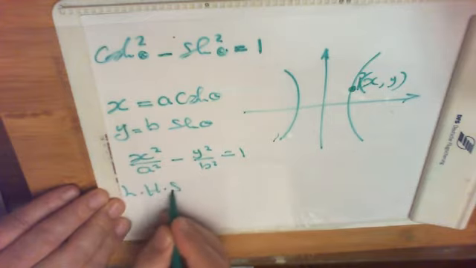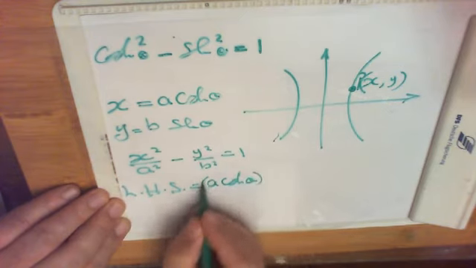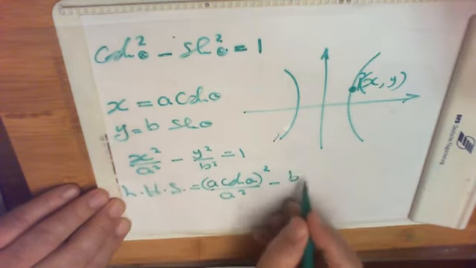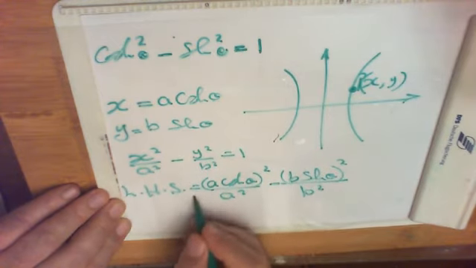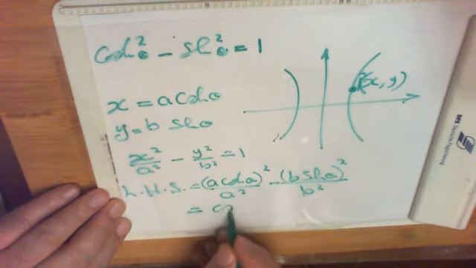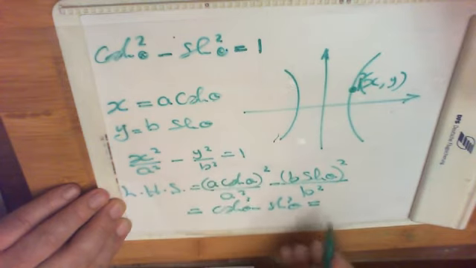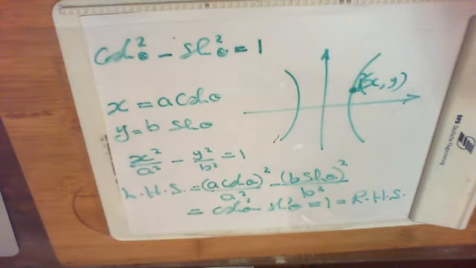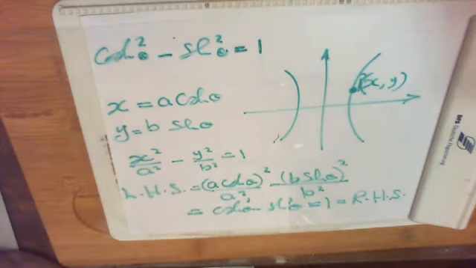Now, in the left hand side, substitute: x is a cosine theta all squared divided by a squared, minus y is b sine theta all squared divided by b squared. a squared cancels a squared, b squared cancels b squared, so we have cosine squared minus sine squared. What is this value? It is 1, which is the right hand side. So this function satisfies the coordinates of any point on the hyperbola, so the name hyperbolic functions.